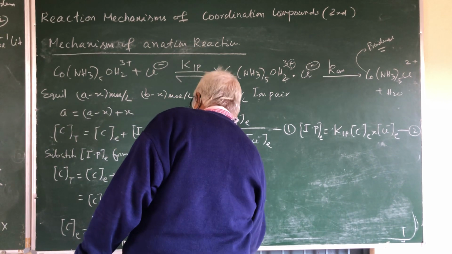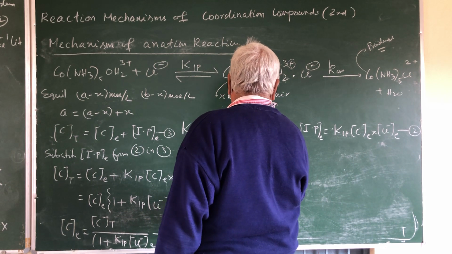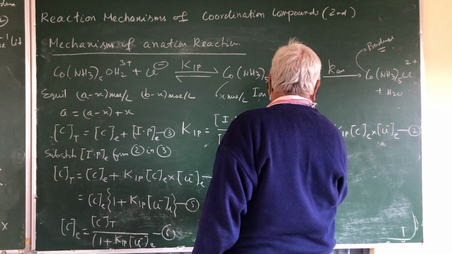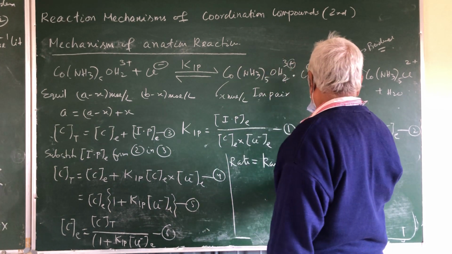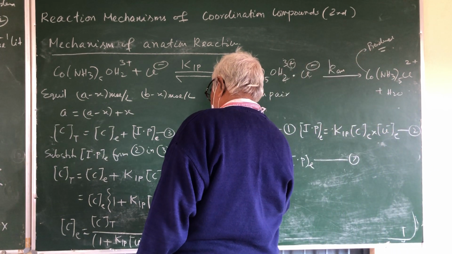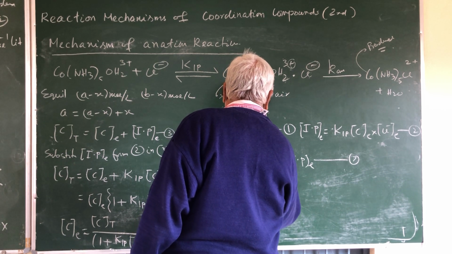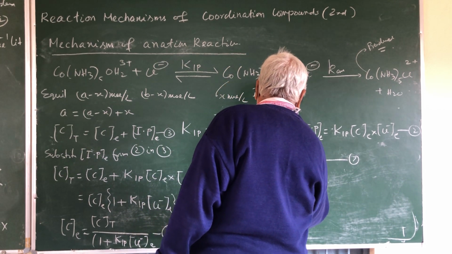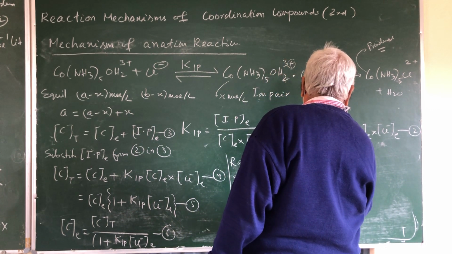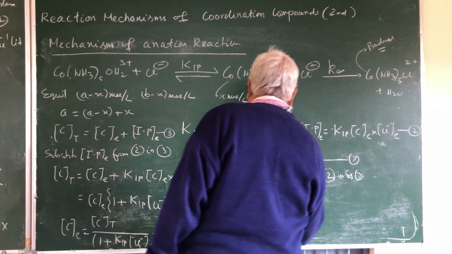And what is the rate? The rate will be equal to anation rate constant into ion pair equilibrium concentration. Substituting ion pair equilibrium from equation 2 in equation 7, what do you get?